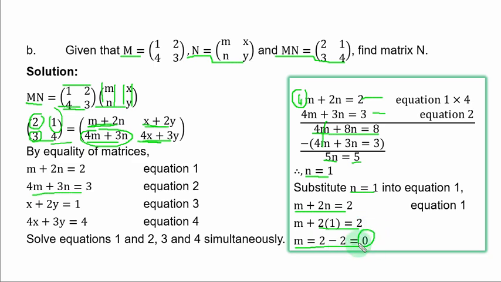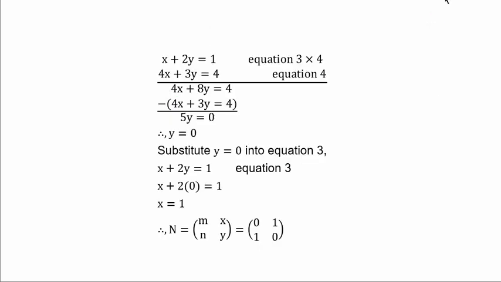So you know you have to find matrix N now. So you know m and n. If you solve equation 3 and 4 simultaneously, you get s and y. Following similar procedures, if you solve equation 3 and 4 simultaneously, you have y equal to 0 and s equal to 1.